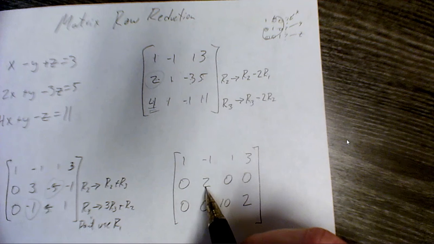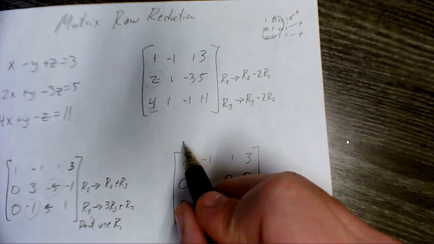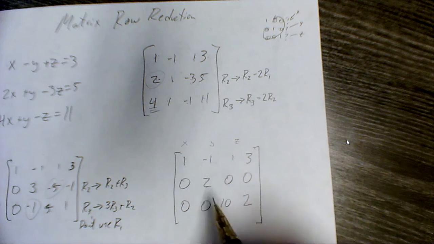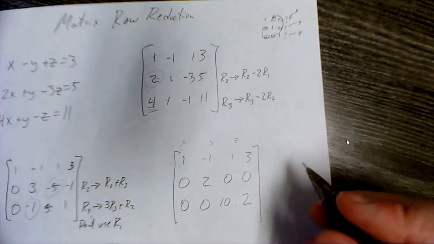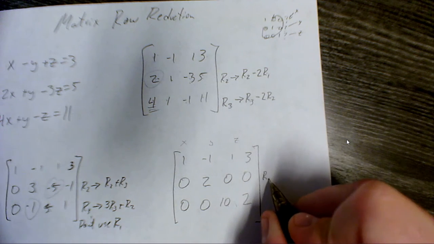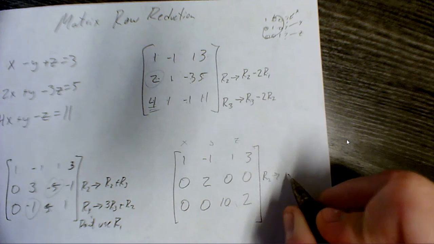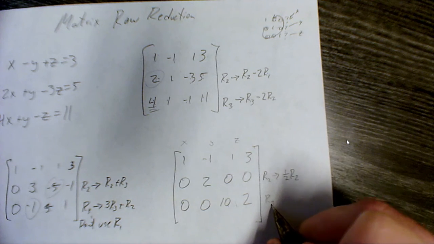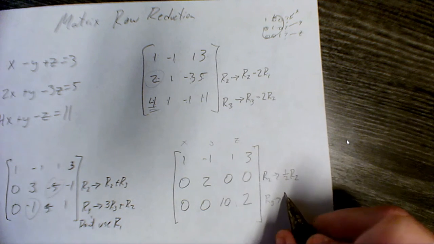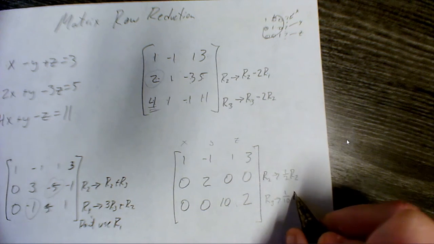Now I'm going to turn this into a 1 because it'll be easier to deal with. This tells me that 2y is equal to 0, 10z is equal to 2. So I can't divide, but I can multiply by a half, which is exactly the same thing. And I've got to divide by 10, which would be multiply by 1/10.